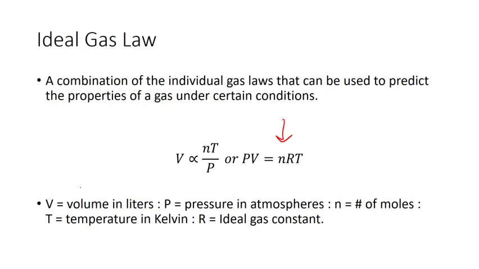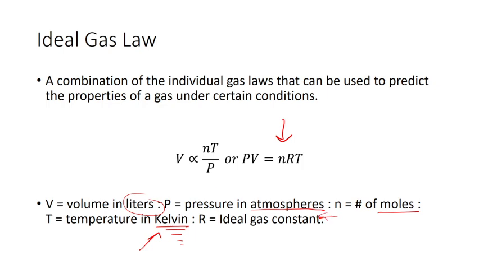In this equation, V stands for volume, usually in liters, P stands for pressure, usually in atmospheres, n is the number of moles, temperature is in Kelvin, right? Notice it is in Kelvin, not Celsius. And R is the ideal gas constant, which has various forms that we will see on the next slide.